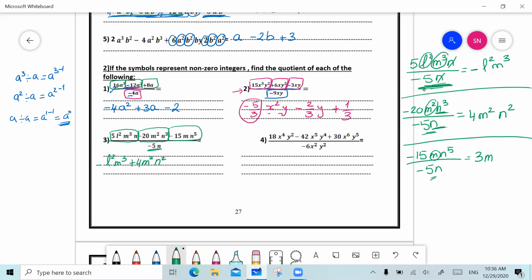N to the power of 5 divided by N, this is N to the power of 5 minus 1, which is equal to N to the power of 4. So now I will have +3 M N to the power of 4. Will you please now go and answer question number 4, and I will give you 2 minutes and start solving it.